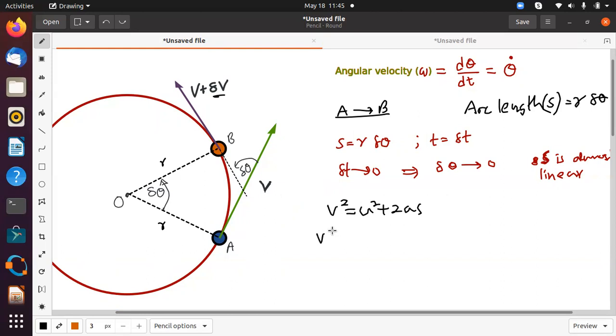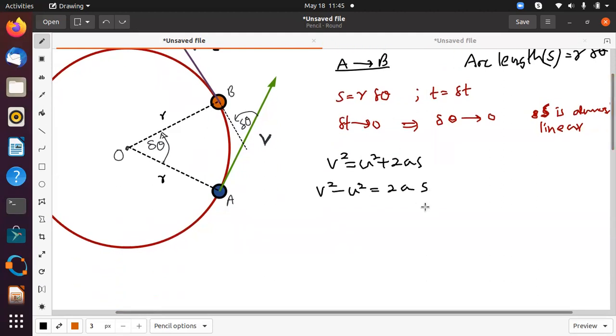Let me rearrange this equation: v squared minus u squared equals 2as. What is the linear acceleration? That is v minus u over delta t, a change in the velocity within a given time. We are still looking at this equation, not referring to the diagram.